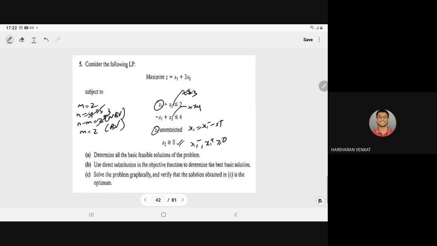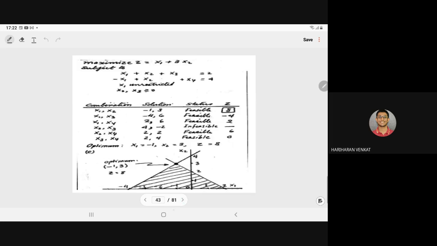In that case, non-basic variables will be 3, and basic variables will be 2 only. If you take any 2 combination, these are the basic variables: x1 x2, x1 x3, x1 x4, x2 x3, x2 x4, x3 x4.